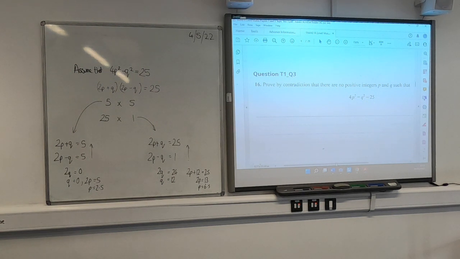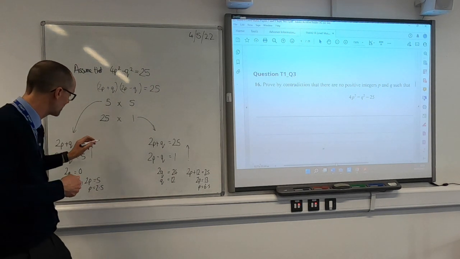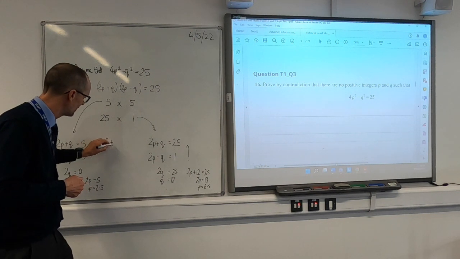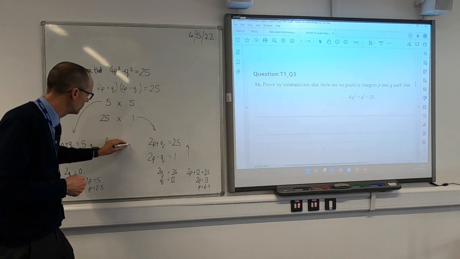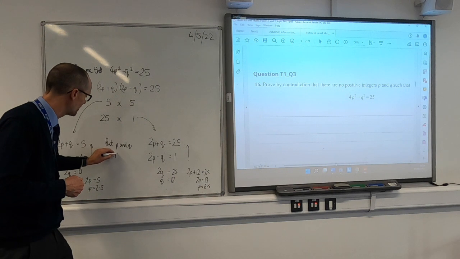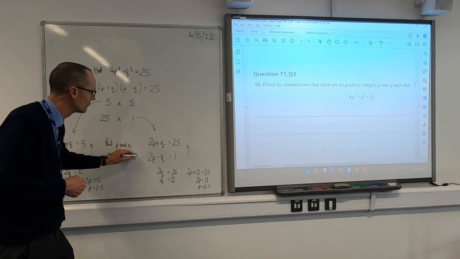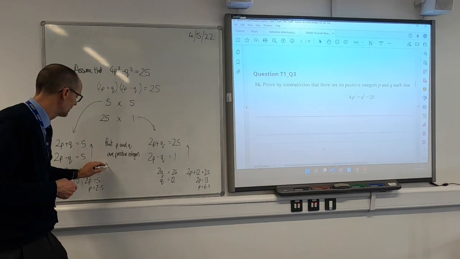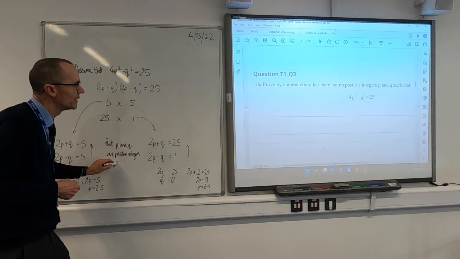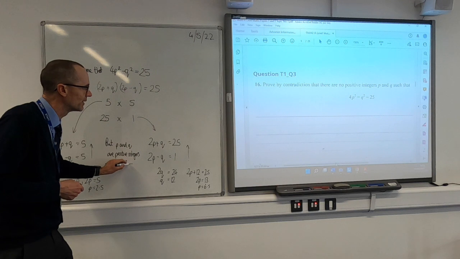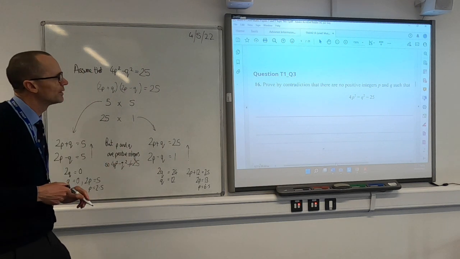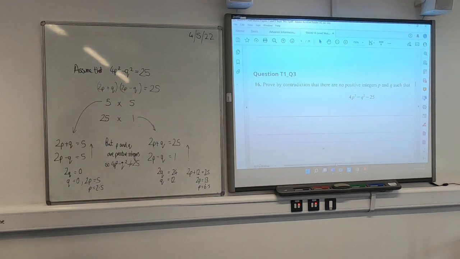So what we'd have to finish it off by saying, but p and q are positive integers. So 4p squared minus q squared does not equal 25 as required.